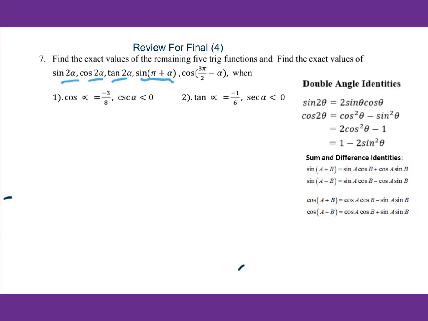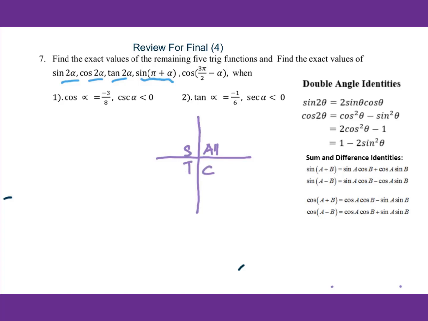Number 1. Cosine alpha equals negative 3 over 8, cosecant alpha less than 0. First of all, we need to figure out which quadrant alpha is located in. We use All Students Take Calculus.